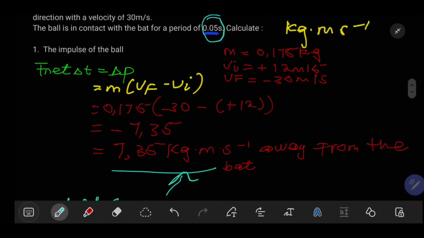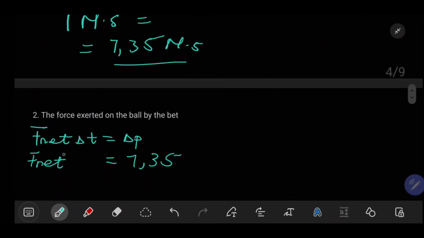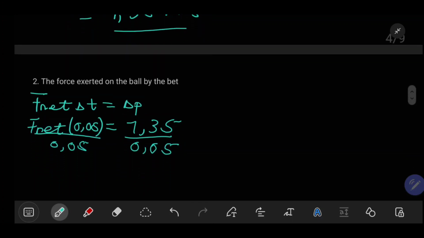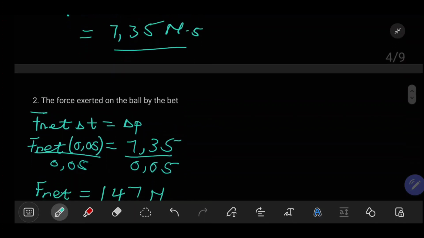So that is how we're going to find the force exerted on the ball by the bat. The time of contact between the two was 0.05. Then we are going to divide both sides by 0.05. And then when we get our calculator, we get that our force exerted is 147 newtons. And remember this is a force, so it must have magnitude and direction.